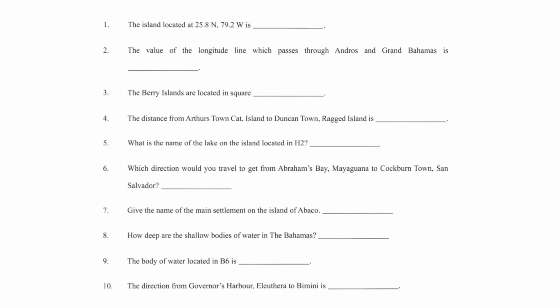And the first question says the island located at 25.8 degrees north, 79.2 degrees west is, and in order to figure that out, we'll have to go and take a look at the lines of longitude and latitude. First, we'll take a look at the line of latitude, which is 25.8 degrees.